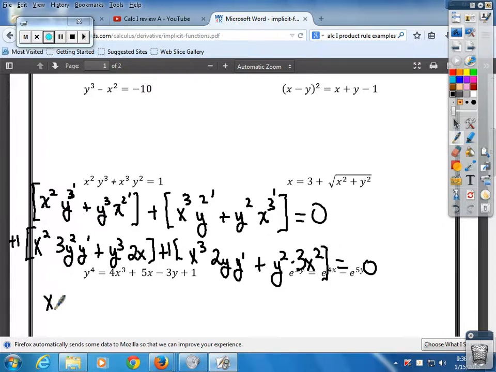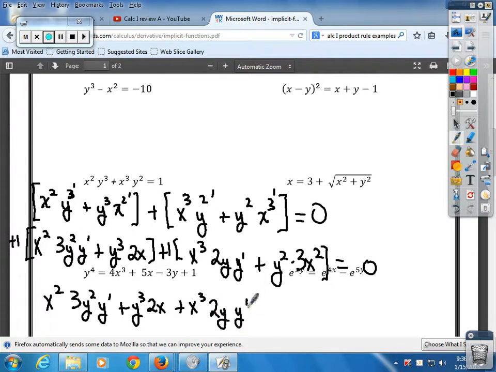And I get x squared times 3y squared y prime plus y cubed times 2x, or 2xy cubed if you want, plus x cubed 2y y prime plus y squared times 3x squared equals 0.